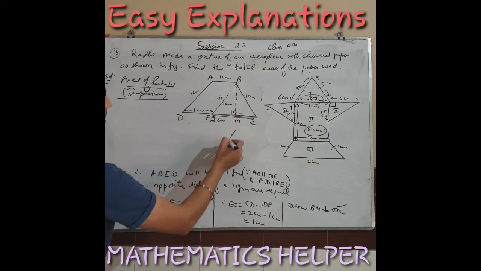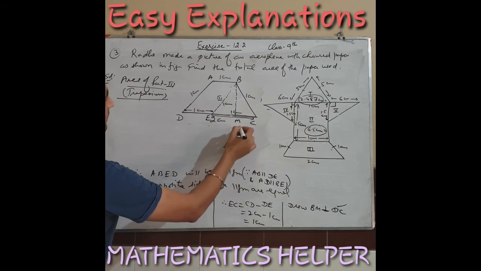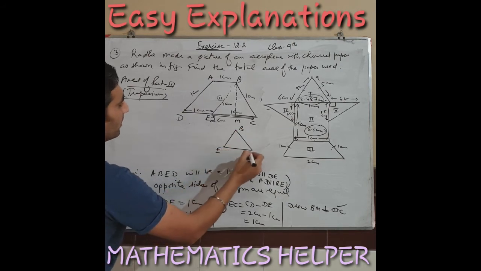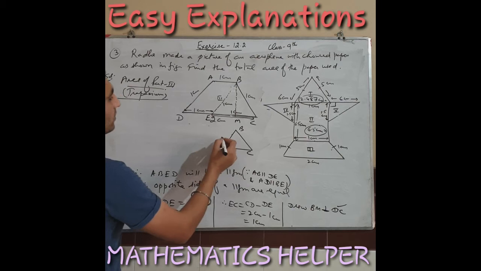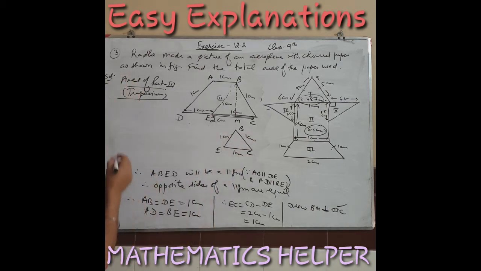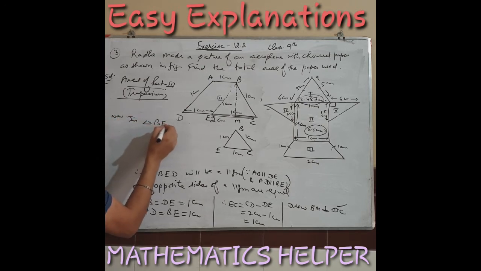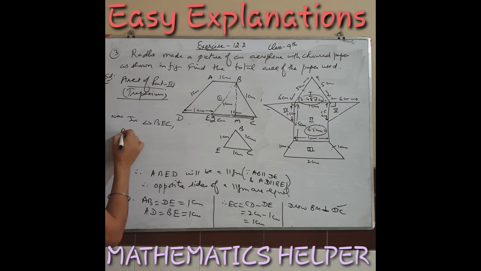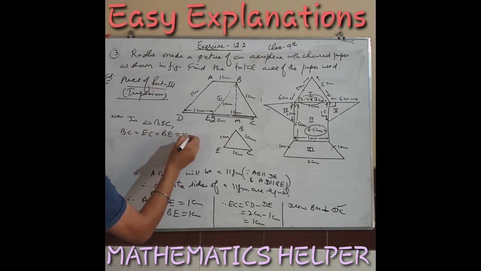First of all, we will consider this triangular part only. Here it will be our main area which we are going to calculate first, in which you have each side 1 centimeter. So now in triangle BEC, BC, EC and BE are all 1 centimeter each.